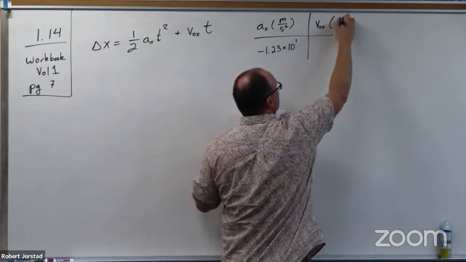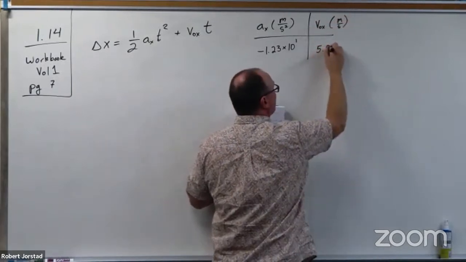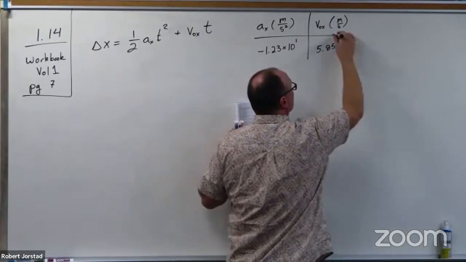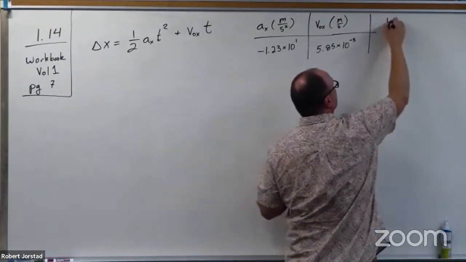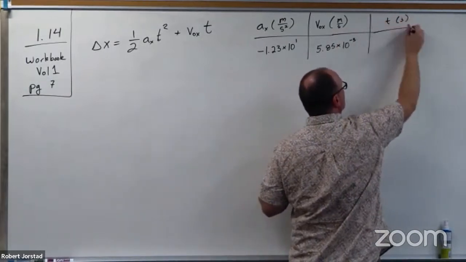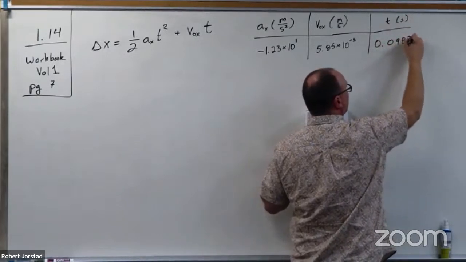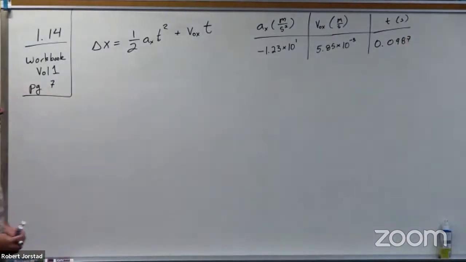V0x was measured in meters per second as 5.85 times 10 to the minus 3. And the time in seconds was recorded as 0.0987.